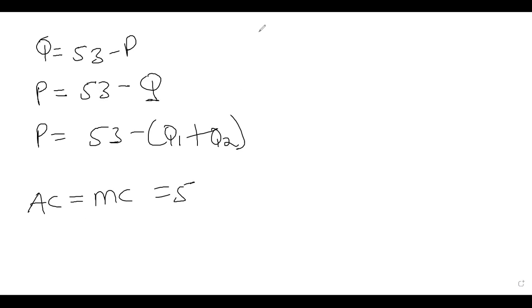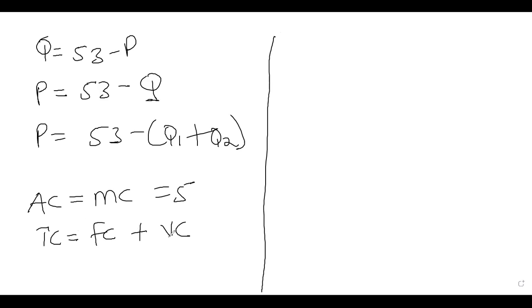Now I want us to do some analysis here. Now remember that total cost is equal to fixed cost plus variable cost, okay? Fixed cost plus variable cost. And average cost is equal to average fixed cost plus average variable cost.